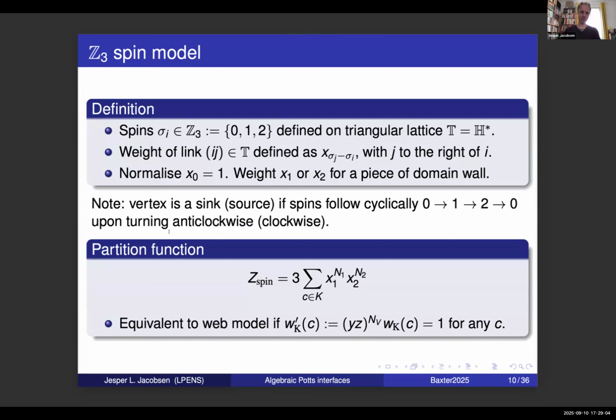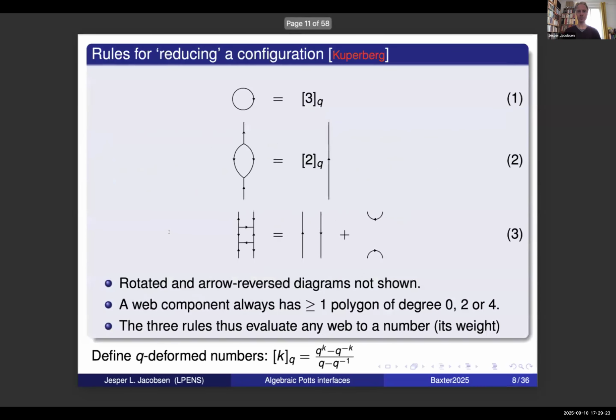So this model, this 3-state model with local weights only, would be equivalent to the web model if the web model's non-local weight would be equal to 1 for any configuration. How could that be made to happen? Well, that can be made to happen if we play with the deformation parameter that we had in these rules before. We had this small q that defined the quantum numbers.